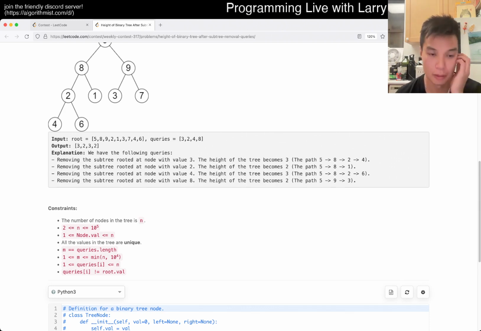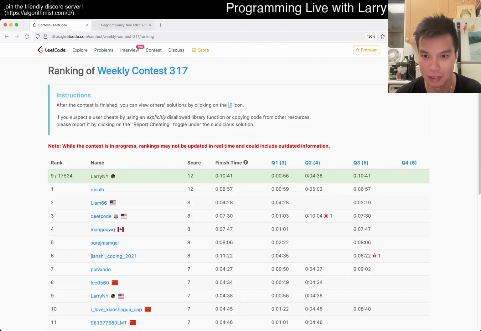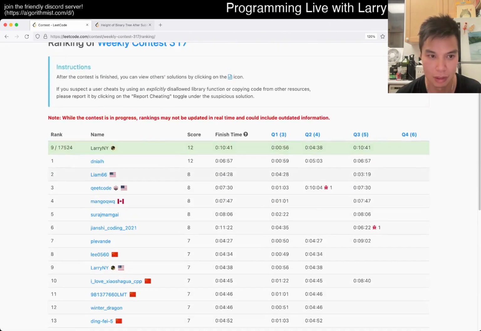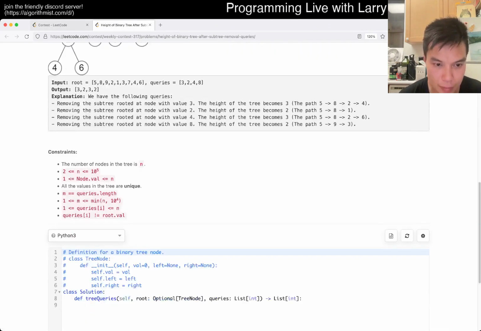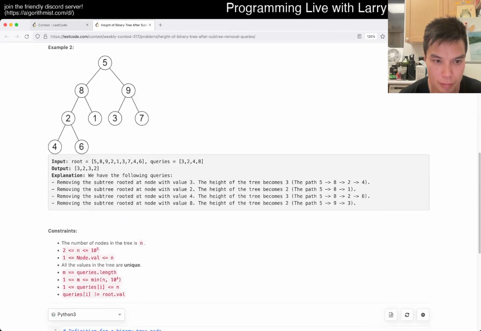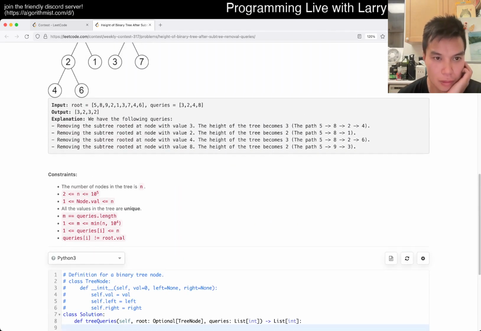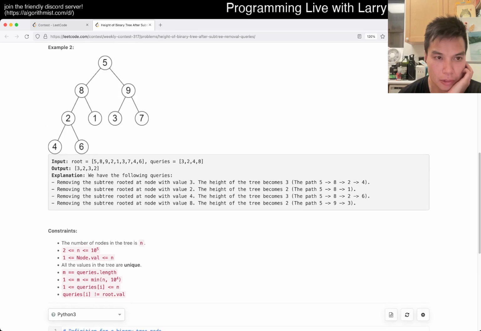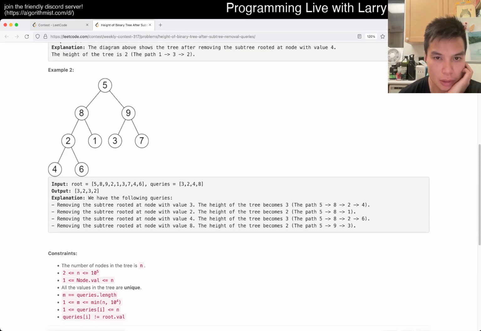Let's see. People really got this? Wow. Oh, not yet. All the numbers are unique, so 3, right? So we know that.